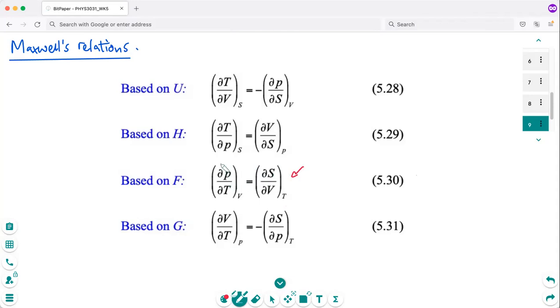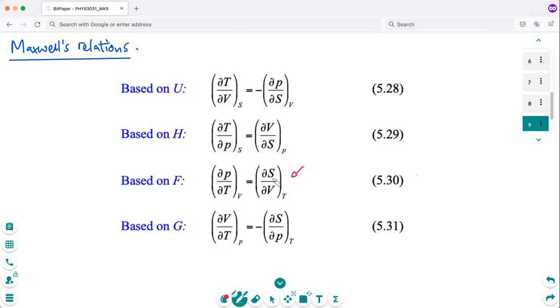It tells you if you know how to measure this quantity, you will be able to relate it to the change of the entropy. In my opinion, this is really something you should take home. So the Maxwell relation has this value.